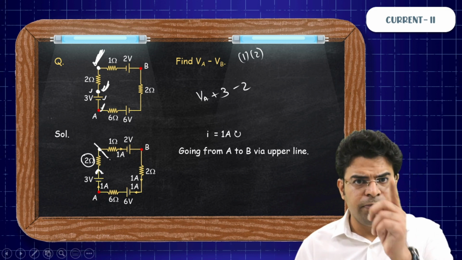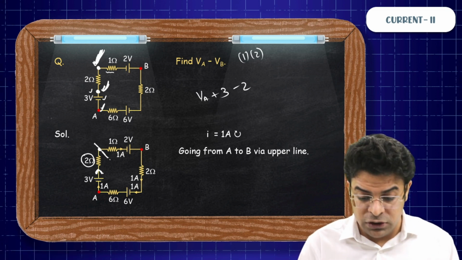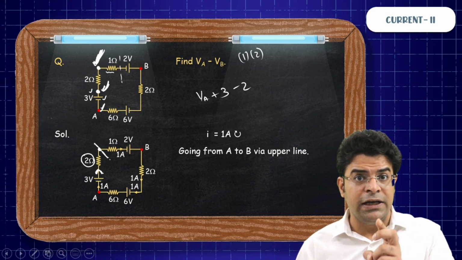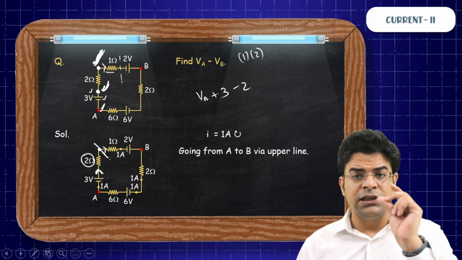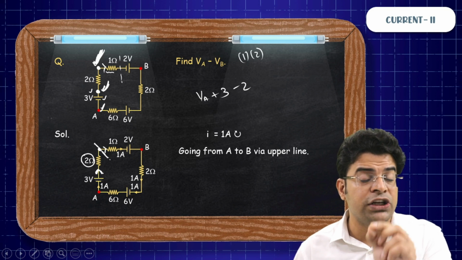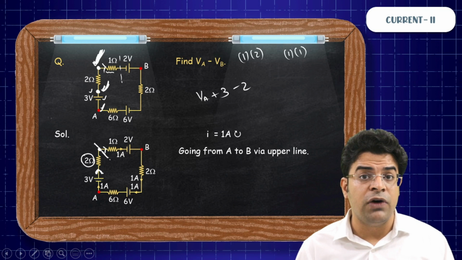Now let's jump across this 1 ohm. If I go from the left of 1 ohm to the right of 1 ohm, I know that since in the loop current is clockwise, in this 1 ohm current is from left to right. So the point on the right will have a lower potential. How much lower? The current flowing through it into its resistance, that is 1 volt.